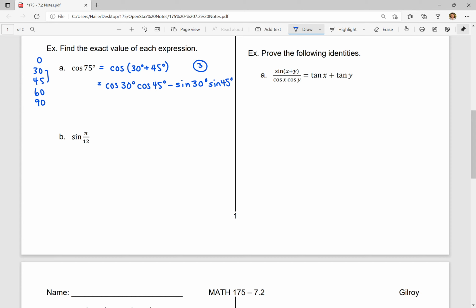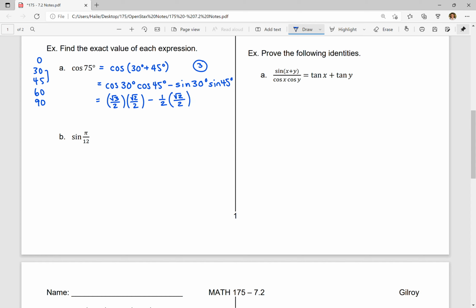Now what we need to do is actually sub in values for each of these trig functions. The cosine of 30, if you remember from the unit circle, is the square root of 3 over 2. The cosine of 45 is the square root of 2 over 2. The sine of 30 is 1/2. And the sine of 45 is, again, square root of 2 over 2.